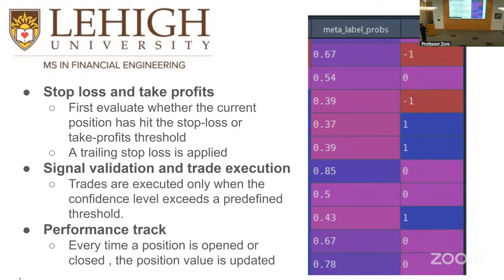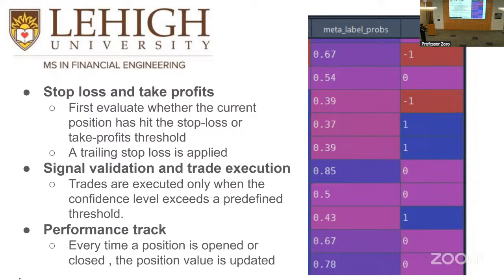The first signal, -1, has a probability score of 0.67, so we can probably trade based on this signal. But the next 3 trading signals have a reliability score of less than 0.4, so we probably won't trade on these signals.